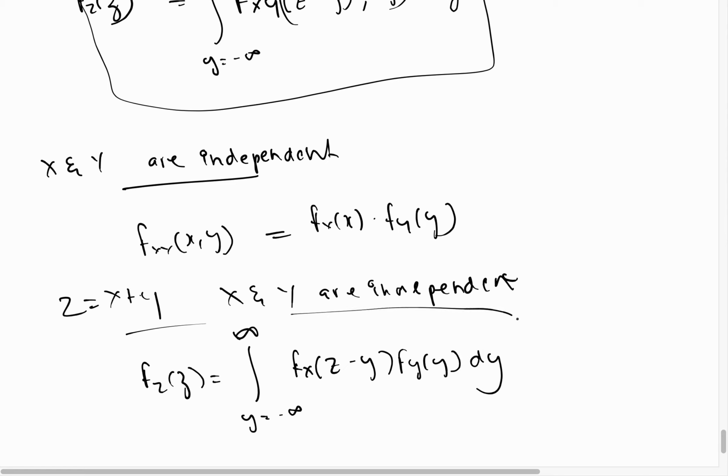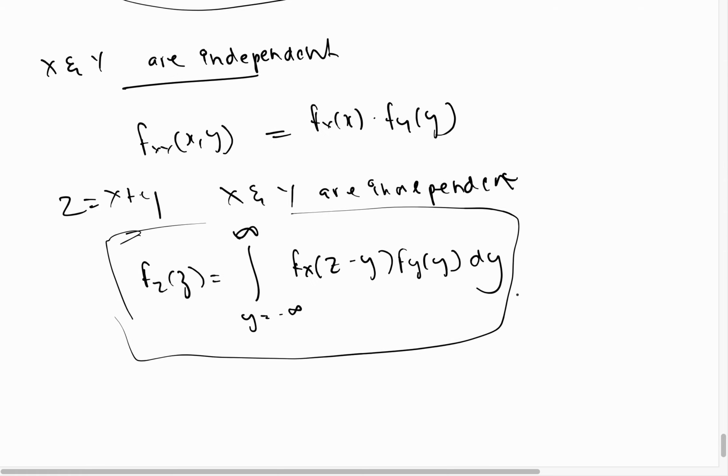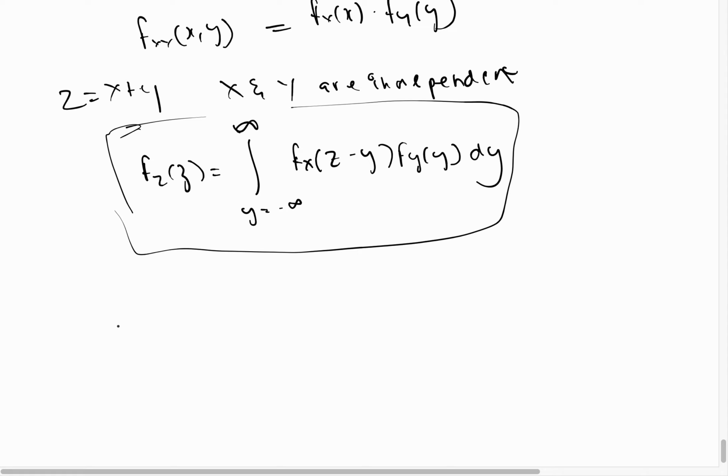This equation is very familiar to most of the electronics students, right? So what is this equation? If you have guessed it, you are right. It's convolution, f_X convolved with f_Y.